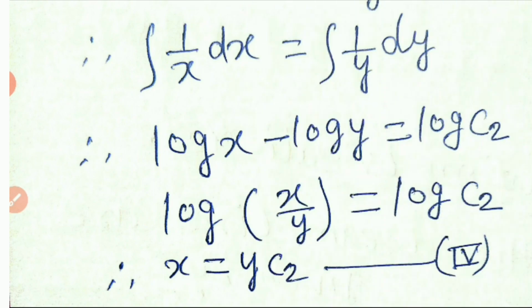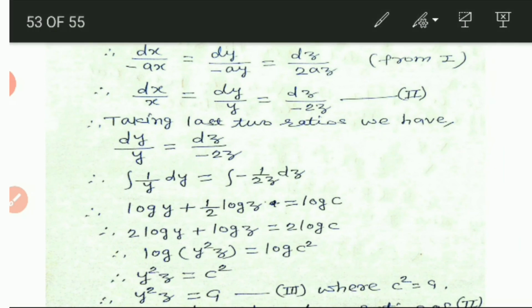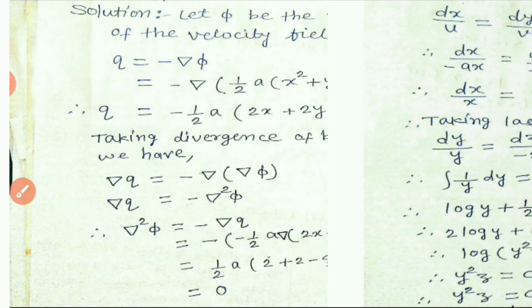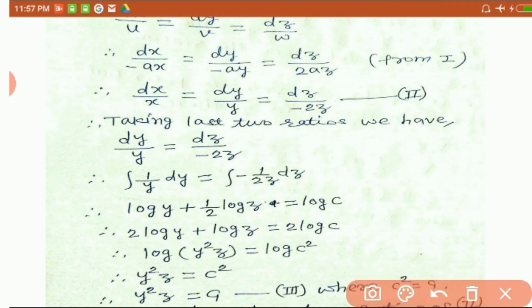So what do we get? From the equation third, y square z is equal to c1, and from equation 4, x is equal to y c2.